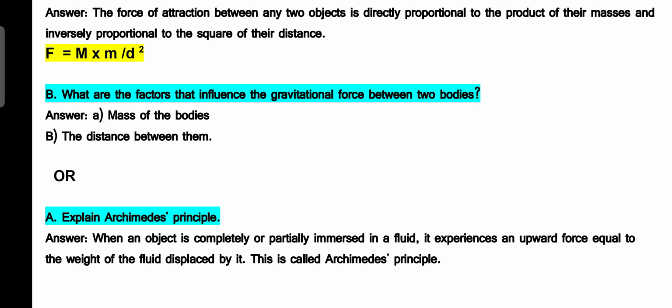If the mass is more, the gravitational force also becomes more. If the distance becomes more, the gravitational force between the objects will decrease. So if the mass increases, force also increases. If the distance increases, force decreases.